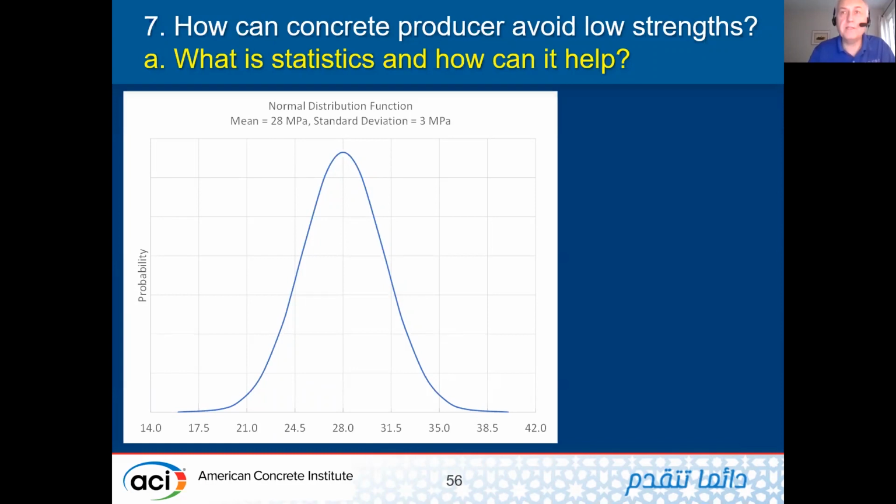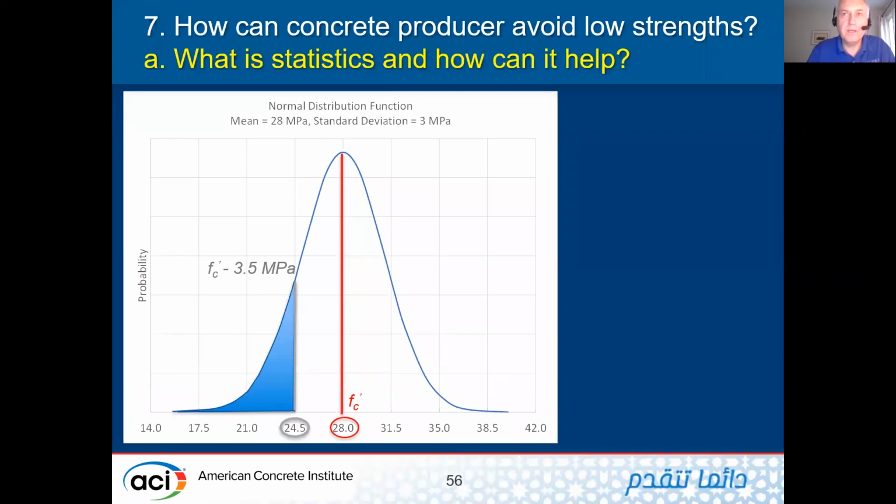So for that, this is the typical normal distribution curve that you would expect. And let's say that 28 is our specified strength. So if this is our specified strength, 28 MPa, and we know that our acceptance criteria, the way they are, which is f'c minus 3.5 MPa, it means that our lowest acceptance value for the strength test is 24.5 MPa.